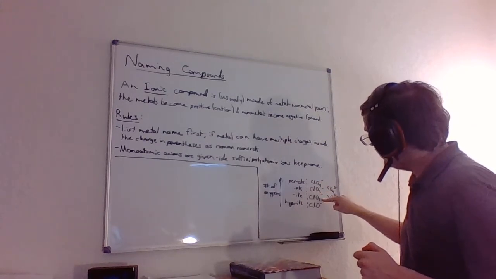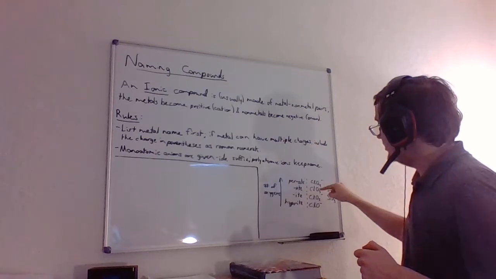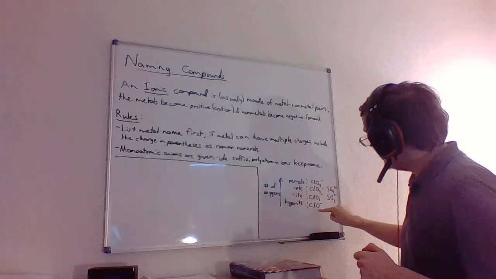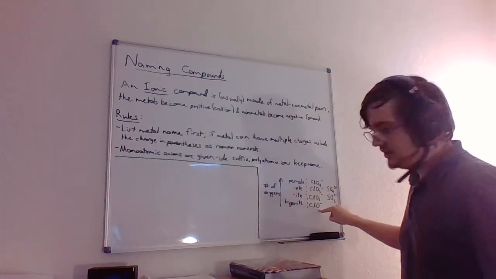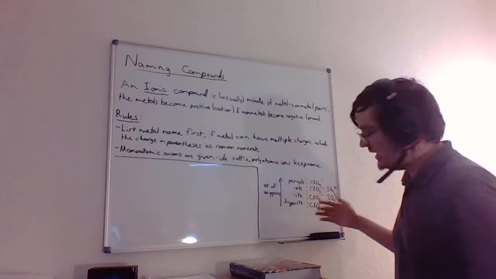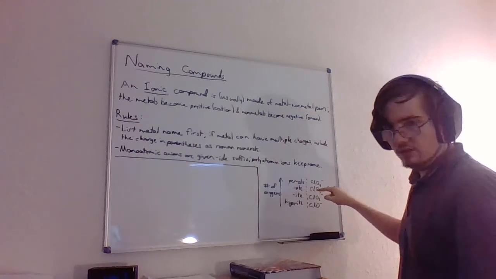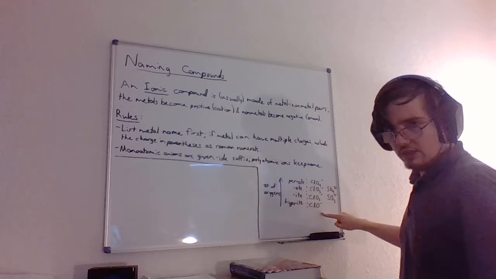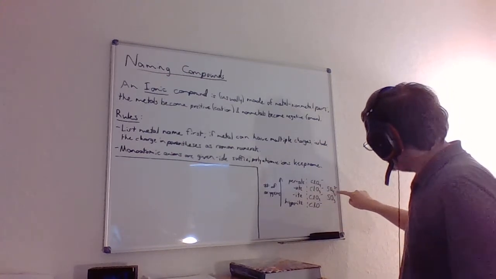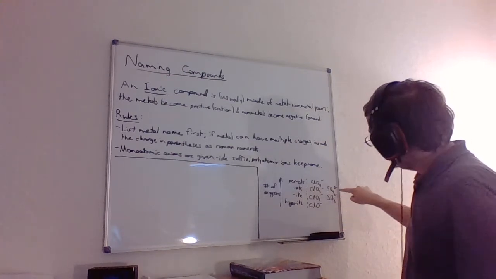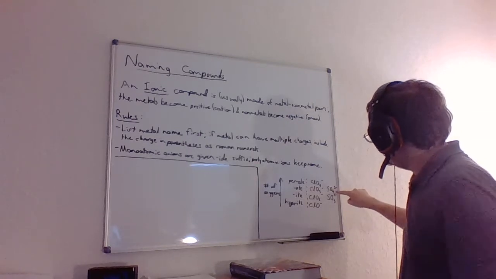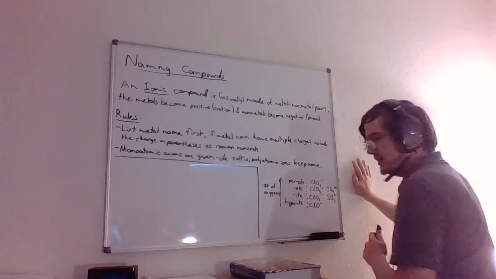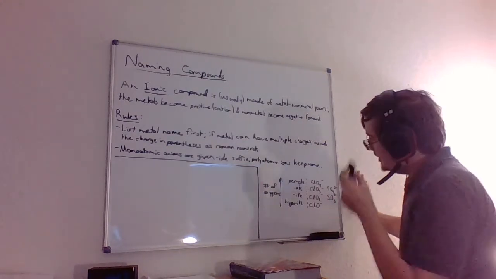Then you can know ClO2 minus is chlorite, and ClO minus is hypochlorite. So basically the point I'm making here is, if you know one of these, you can figure out the other three with this pattern. Now I also wrote down sulfate and sulfite here. And the reason I did that is because I wanted you to realize it's not like this is persulfate just because it has 4 oxygens in it.